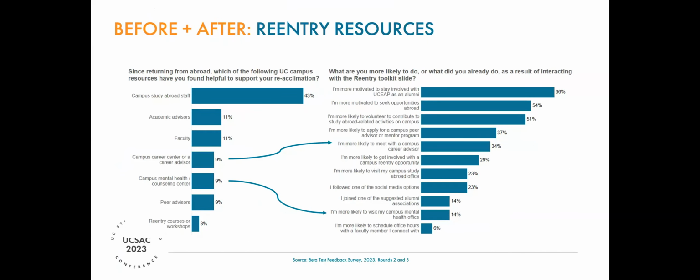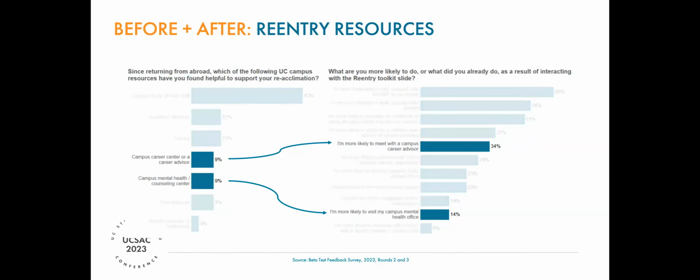Throughout the course, we've really emphasized connecting to various campus resources. So we tracked through survey questions before and after: What are returnees doing when they get back? And then what are they more likely to do as a result of interacting with the reentry toolkit slide?